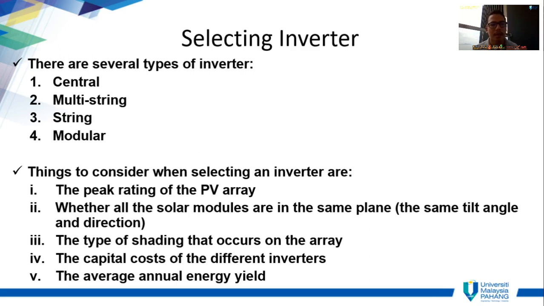So the third one is the type of shading that occurs on the array. Try to avoid shading. The shadow can degrade the output from your PV system. That's why the site survey is very important.